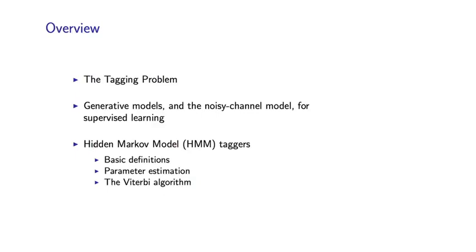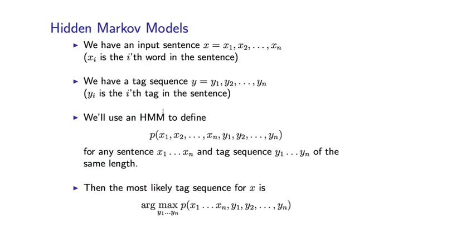Okay, so next we'll describe hidden Markov models, which, as we'll see, are an instance of the generative modeling approach that I just described. So in hidden Markov models, the basic idea is the following. I have some input sentence x, which consists of n words.